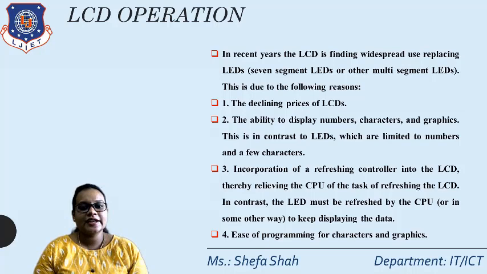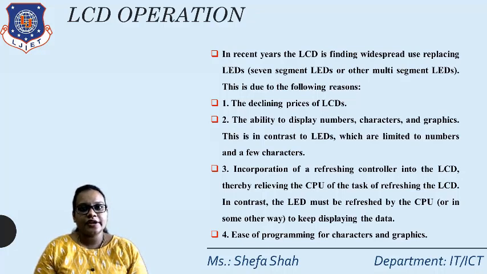First, the declining price of LCDs. Second, the ability to display numbers, characters, and graphics. This is in contrast to LEDs, which are limited to numbers and a few characters. Then, by incorporating a refreshing controller into an LCD, it relieves the CPU of the task of refreshing the LCD.